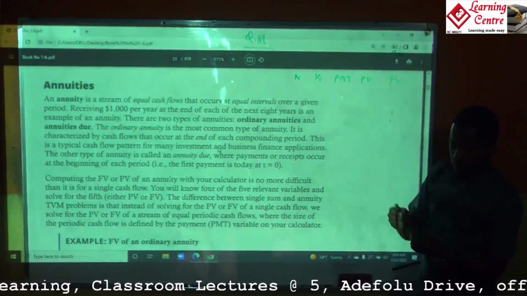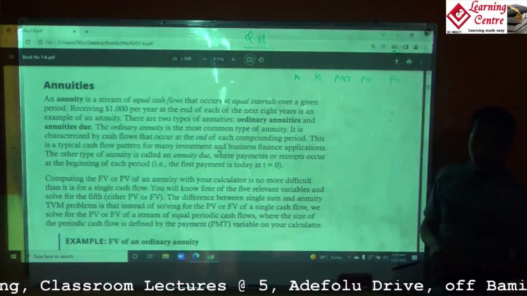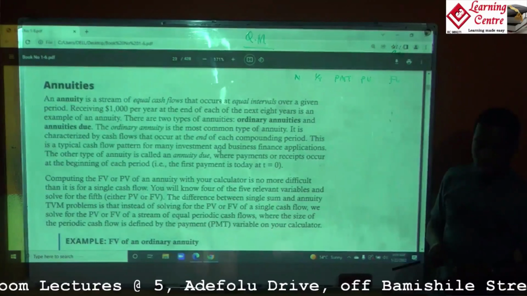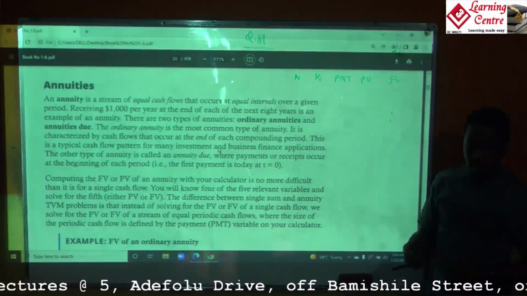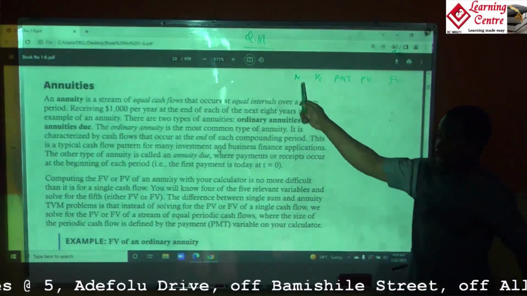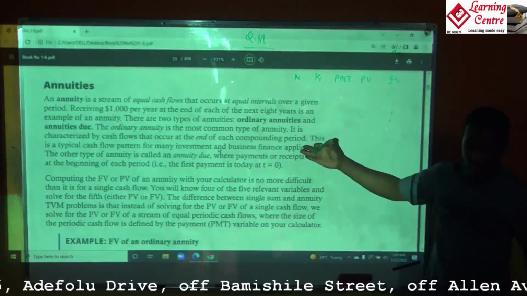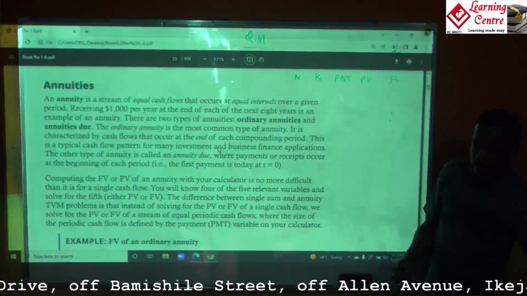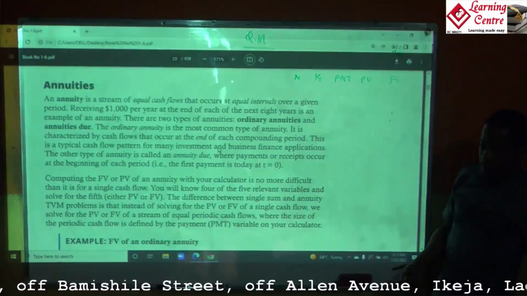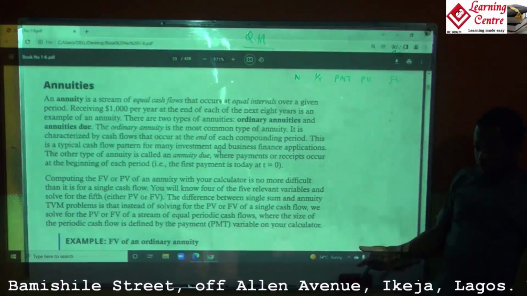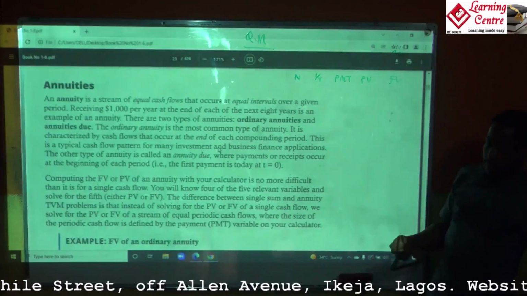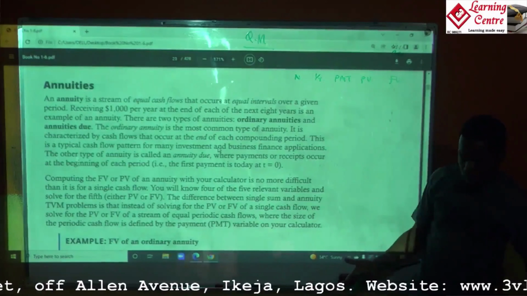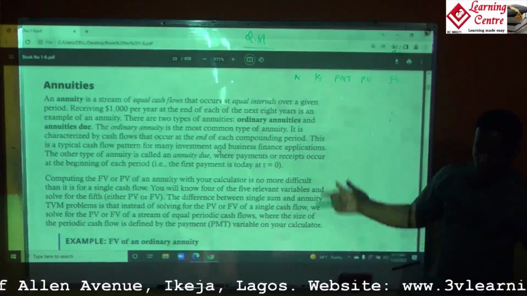N is the number of compounding periods in the question. I remember at the last class, we emphasized the fact that you shouldn't consider N as just number of years. Because if, for example, you have a question that says a particular guy is investing 1 million naira for 2 years, and you are told that the compounding frequency is monthly, so what is N?